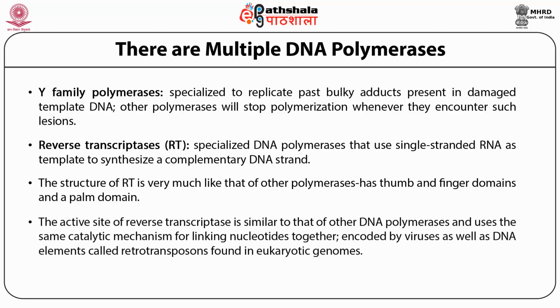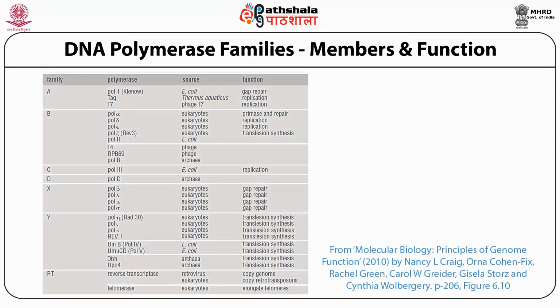The active site of reverse transcriptase is similar to that of other DNA polymerases and uses the same catalytic mechanism for linking nucleotides together, and they are mainly encoded by viruses as well as DNA elements called retrotransposons found in eukaryotic genomes. This is the comparative chart showing different DNA polymerase families and giving you example of the members and kind of function they perform in the cell.